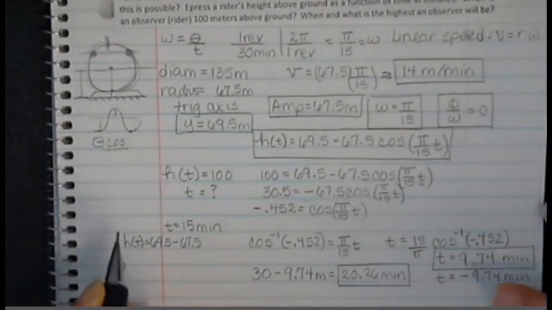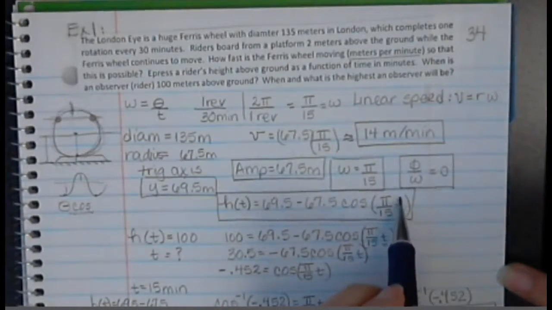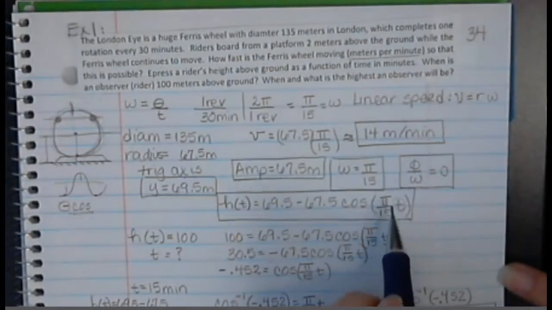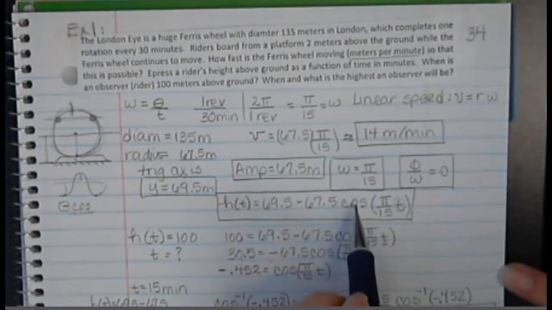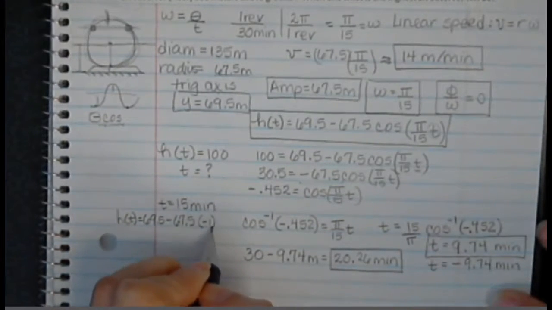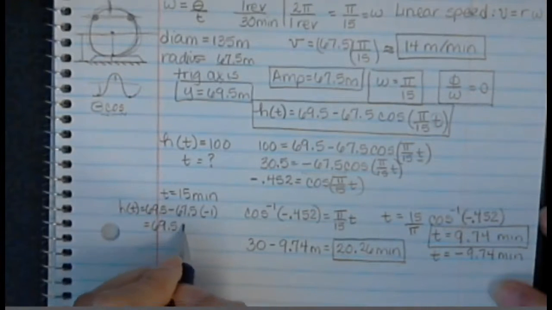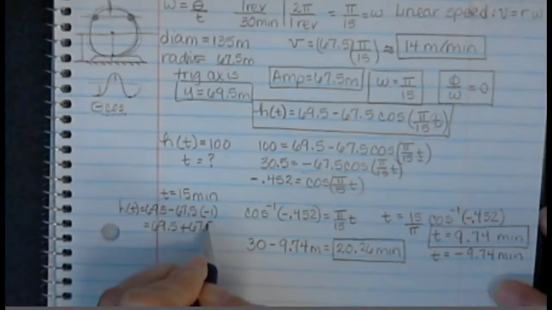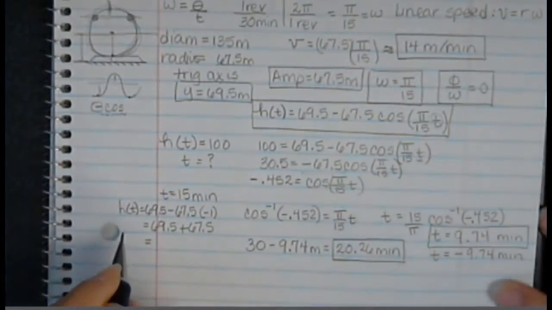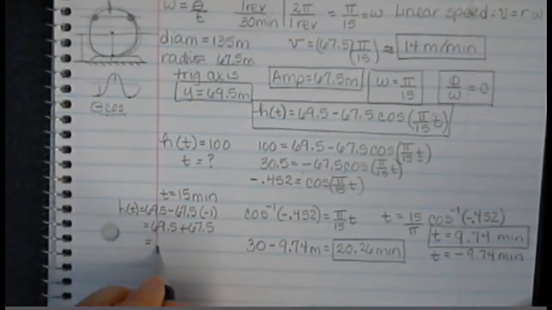And let's see what happens when we plug in 15 for t. The 15 and the 15 go away and I get pi, and cosine of pi is negative 1. So I have to multiply this by a negative 1. That just means I get 69.5 plus 67.5, and that will tell me my full height, which is 137 meters.